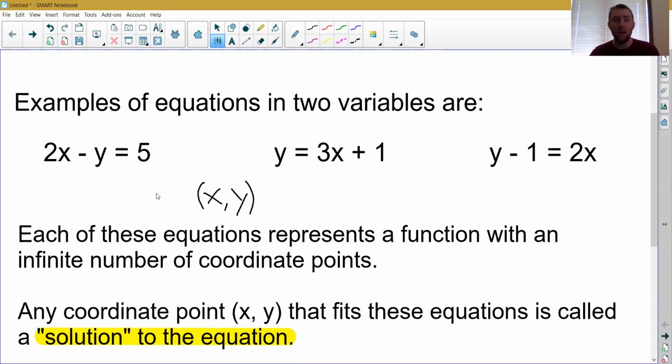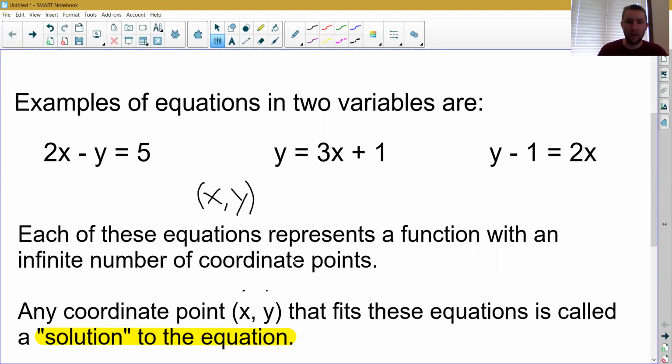We're going to start to find coordinate points that fit into each of these equations, and those are called solutions to the equations. Values for the variables, in this case x and y, so we have to represent our values as a coordinate point, in parentheses like this.